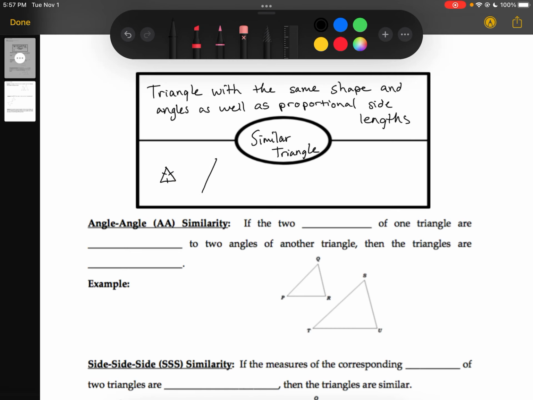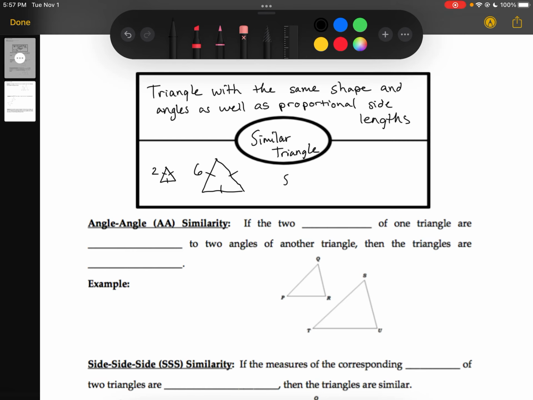So if we have a small equilateral triangle and a large equilateral triangle, obviously the sides are not exactly the same length, but all of the angles are the same, and the sides proportionally get bigger or smaller. So let's say we had a side of 2 here, and this is a side of 6.